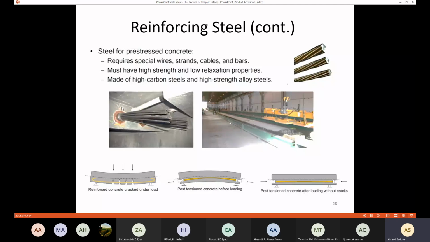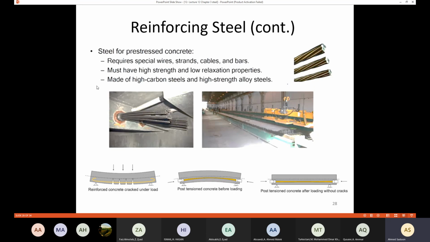In order to do this process, where we represent the end of the beam, we need special wires, strands, cables, and bars that look like that. Those special wires, strands, cables, and bars must have high strength and low relaxation properties.